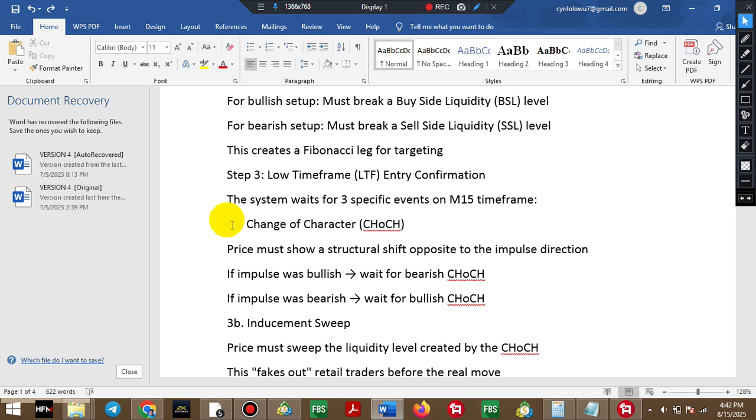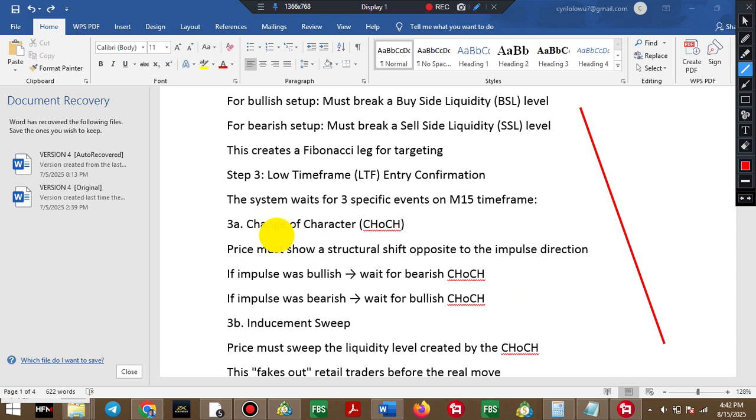Now, the first thing it looks for is what we call a change of character. In a situation where price was selling and created a massive impulsive move on the middle time frame, which led to a clear of liquidity, the lower time frame now comes in.